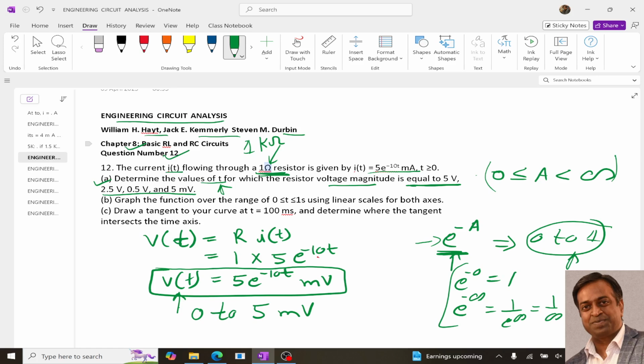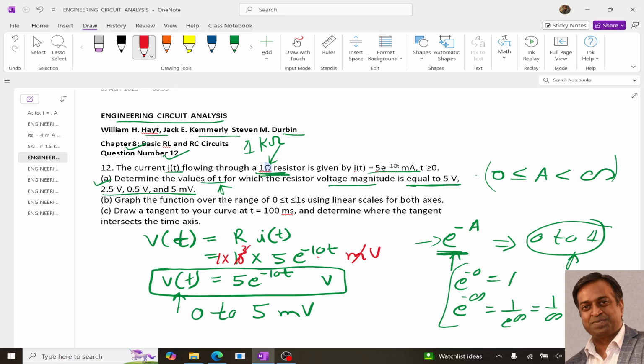If we assume this, then instead of this 1 we put 1 times 10 to the power 3, and the milli then cancels out, and we get the answer in volt.